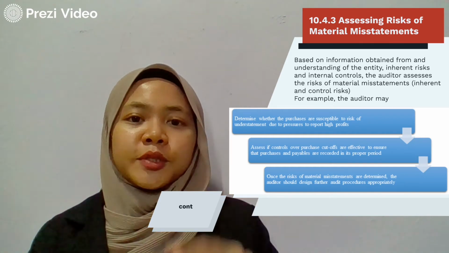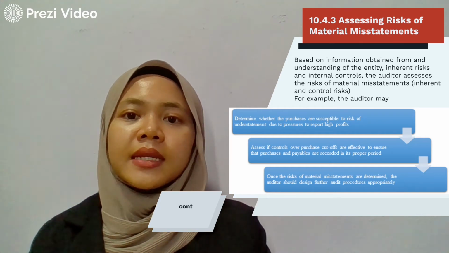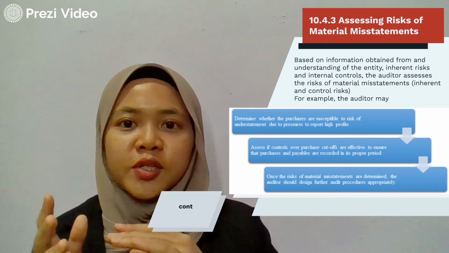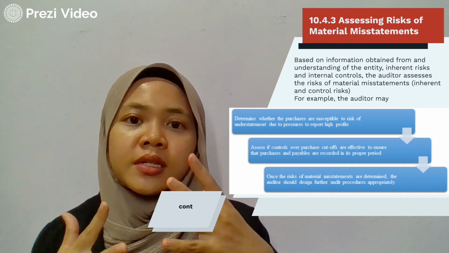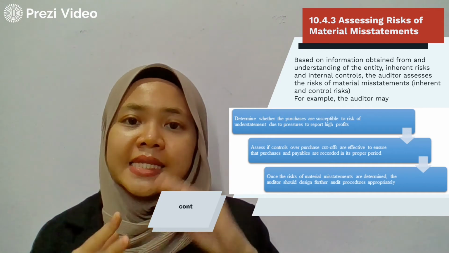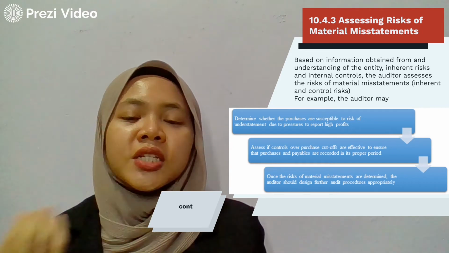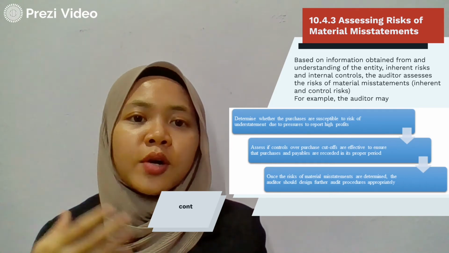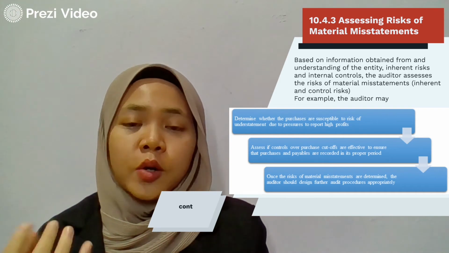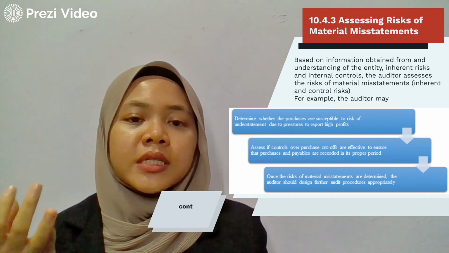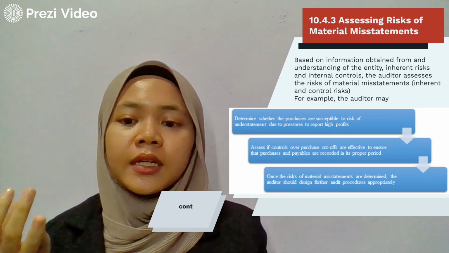For example, the auditor may determine whether the purchases are susceptible to risk of understatement due to pressures to report high profits, and assess if controls over purchase cut-offs are effective to ensure that purchases and payables are recorded in their proper period. Also, once the risk of material misstatement is determined, the auditor should design the appropriate audit procedure.